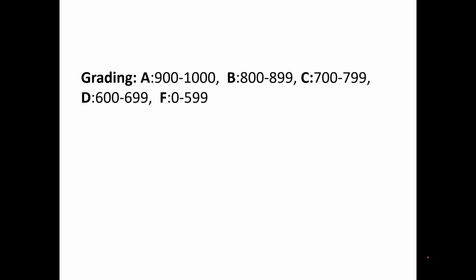Okay, and so then people always ask me, what score do I need to do this, right? So I'm going to go through a couple calculations for you so you can do this on your own and figure this out on your own. So let's suppose that your overall grade is 82%, right?